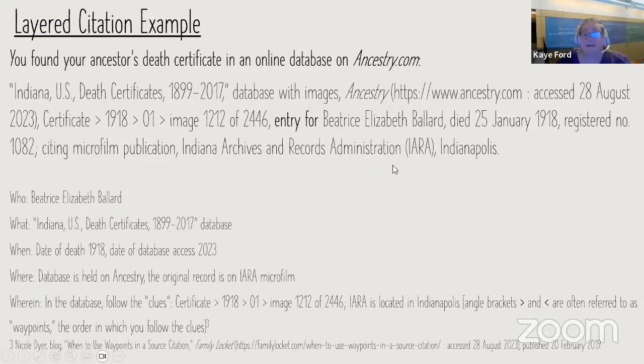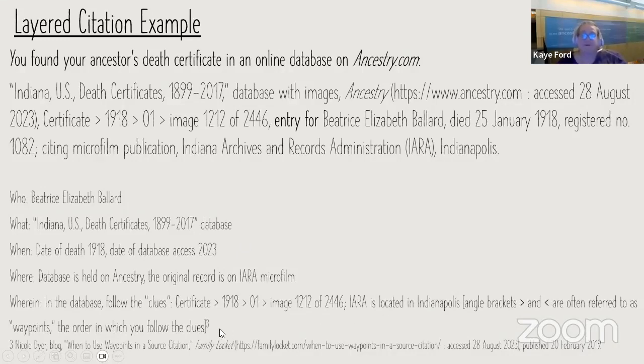It's a microfilm publication in Indianapolis. And wherein in the database, I've used waypoints here to help the reader. The reader can access Ancestry, go to the database, and then follow these little breadcrumb clues. Certificate, 1918. The 01 is the microfilm roll. And then they can go to the exact image of her death certificate to review it for themselves.